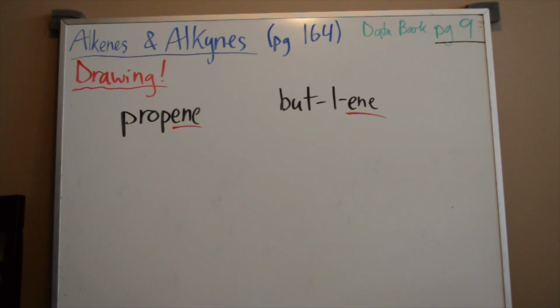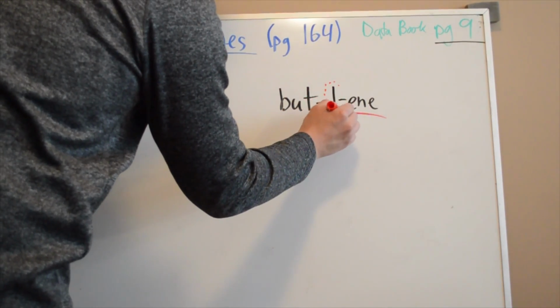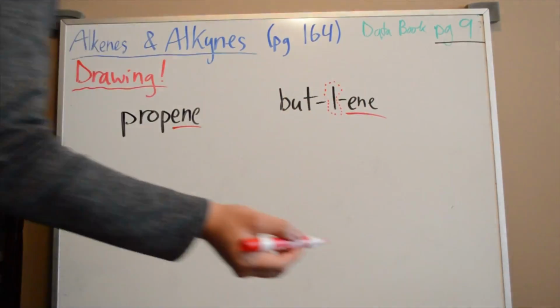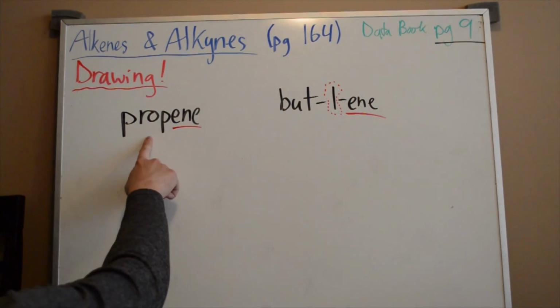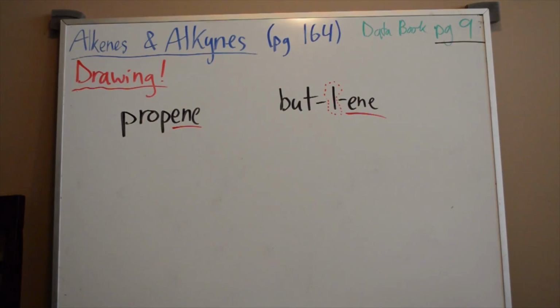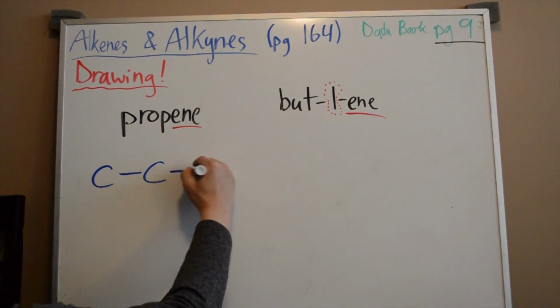Okay, we have propene and but-1-ene. Why do we have, for butene, the 1 here, but I don't bother putting any numbers for propene or even ethene? So I'm just going to draw you out the example, okay? So methane, ethane, propane. We have propene, we have 3 carbons. We have a 1, a 2, and 3.